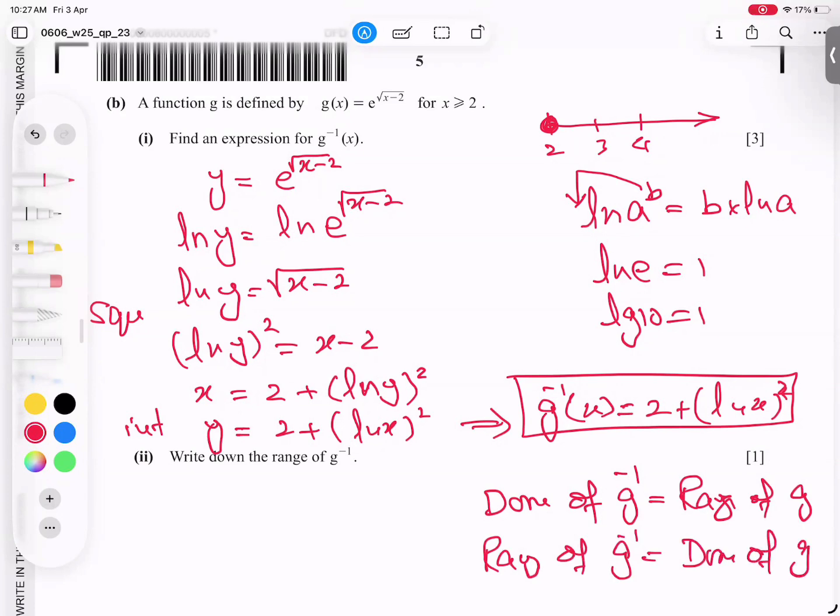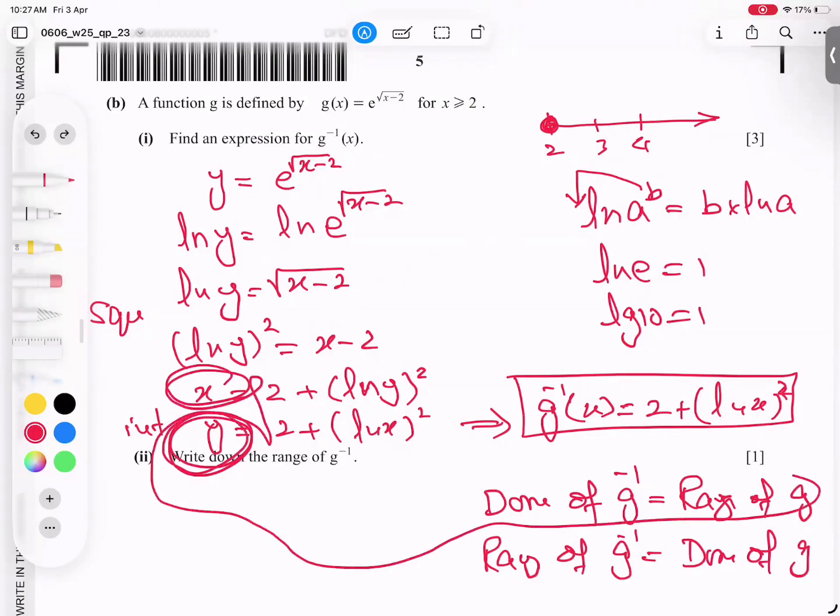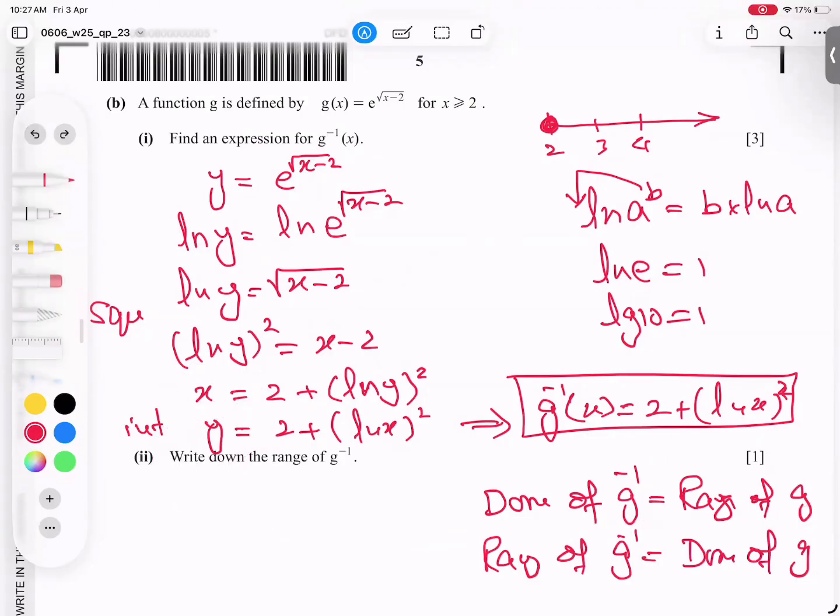For example, when you do interchanging, what happened? x becomes y and y becomes x. So the same criteria here: the domain of the function becomes the range of the inverse function. You can see this statement. y is called the range of the function and x is called the domain of the inverse function. That is why the rule is generated from there.